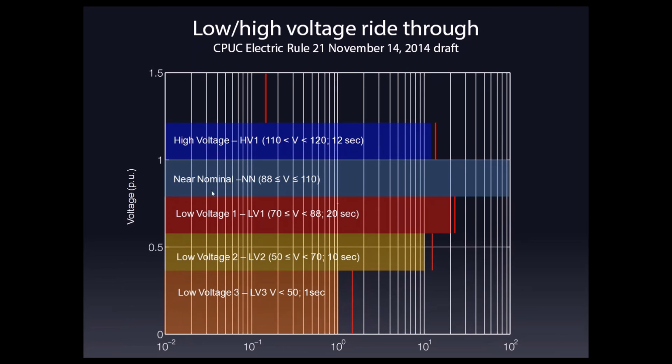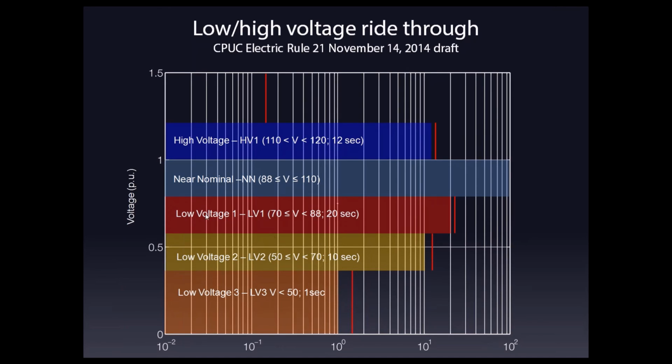First of all, we have a near nominal regime. If the voltage on the grid is within this band, of course this requires complete operation, and that's pretty straightforward.